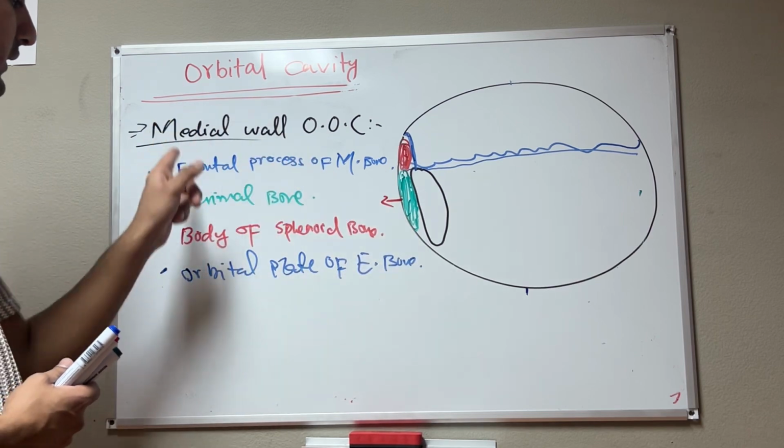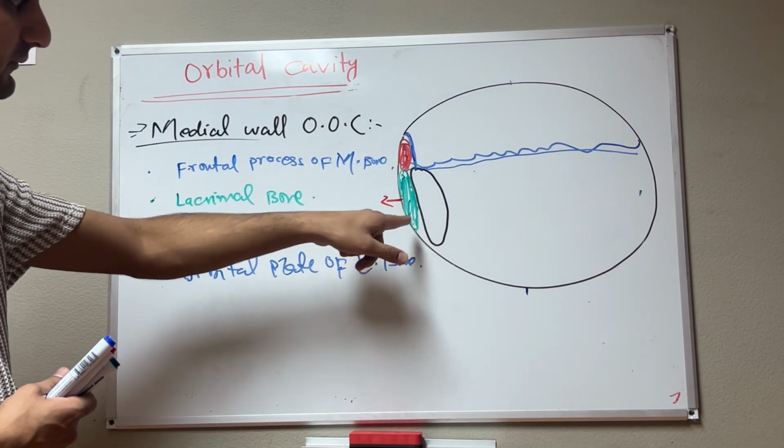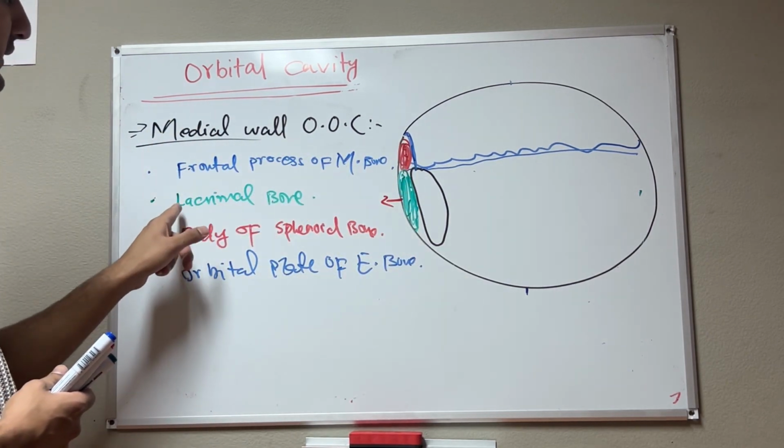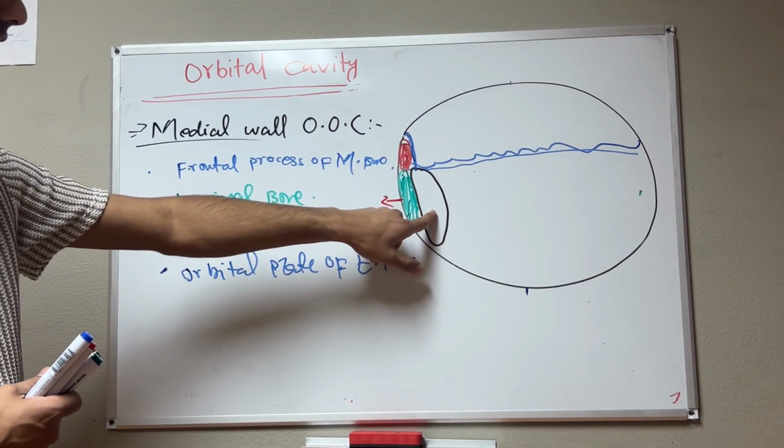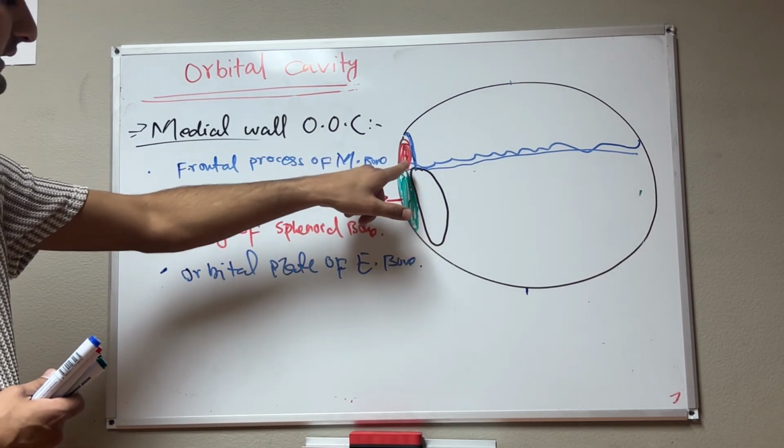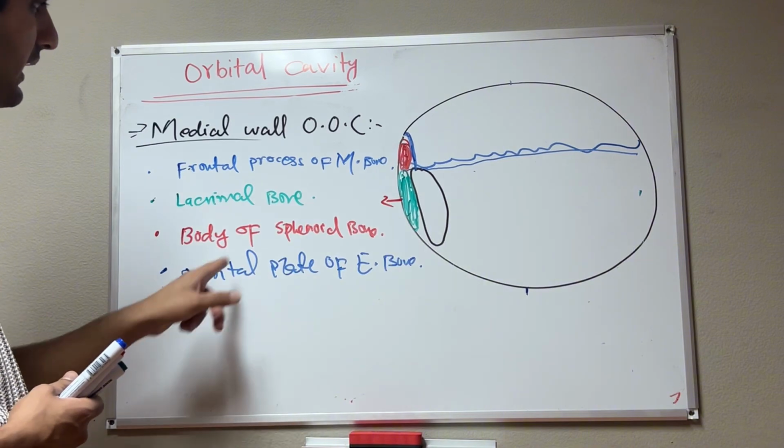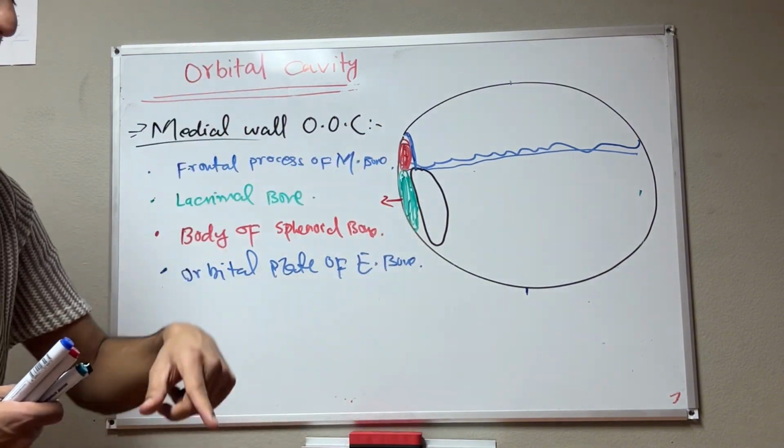First we have the frontal process of the maxilla bone, which I hid. Next we have the lacrimal bone, the black one. The body of the sphenoid bone, the red one I hid, takes part, and this is the orbital plate of the ethmoid bone.